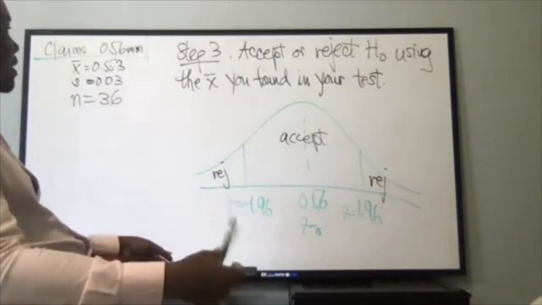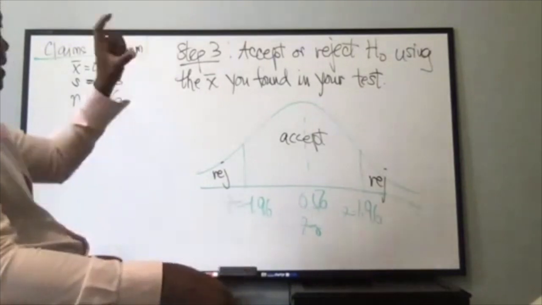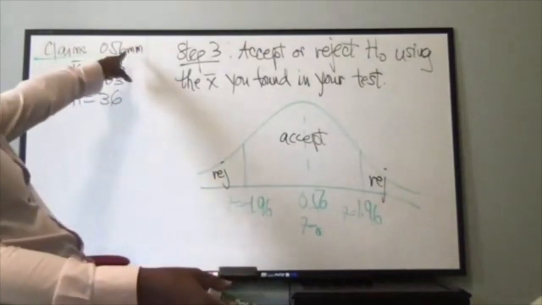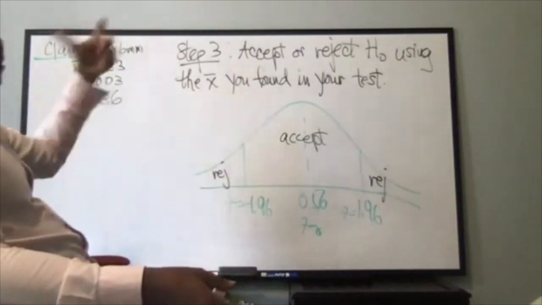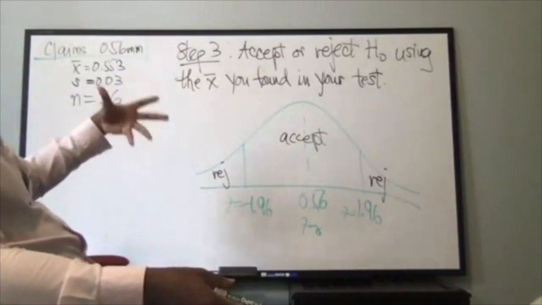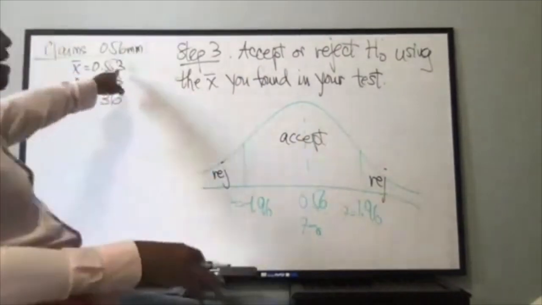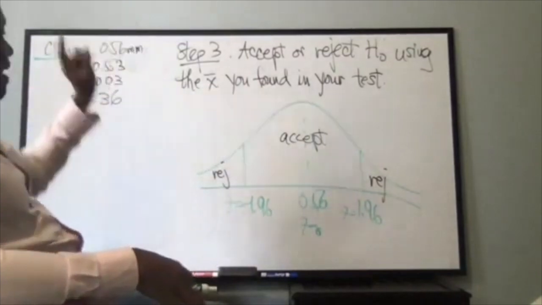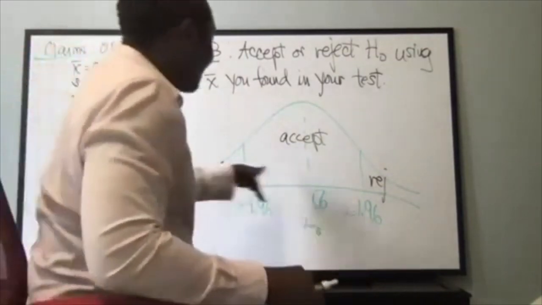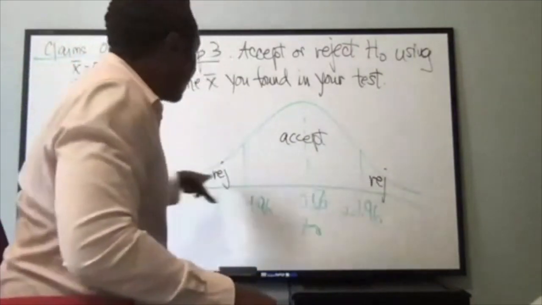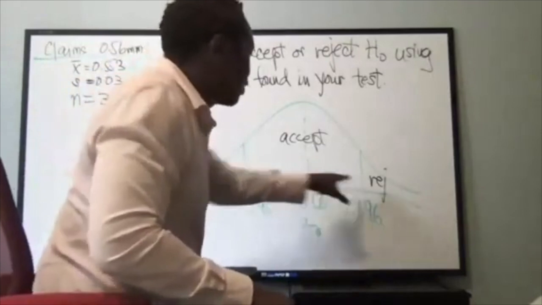And that's a challenge with these problems. You have to be able to read a paragraph and figure it out. So the claim is 0.56. But we took the 36 pieces of chalk, found our average, and it ended up being 0.553. We have to figure out, where does 0.553 fit on here? Does it fit in the acceptance region or the rejection region?